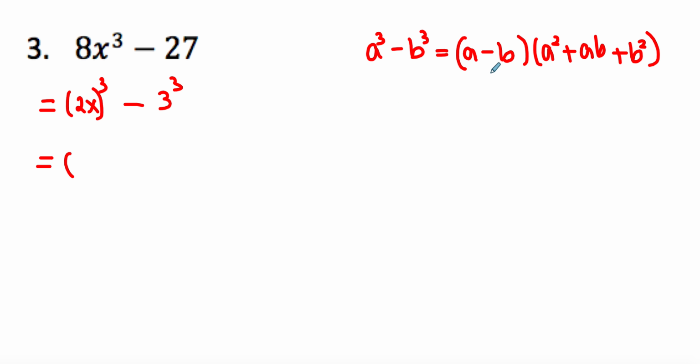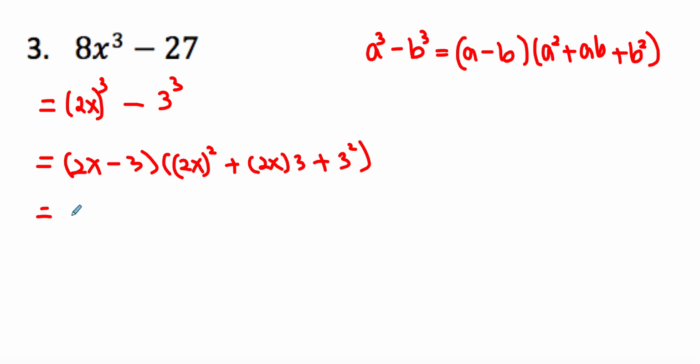Now, my first part of the factoring is a minus b, meaning writing down as they are. So we have 2x minus 3. The second part is in this way. First one squared, so we get 2x quantity squared, plus the product of those two, 2x times 3, and then the last one is 3 squared.